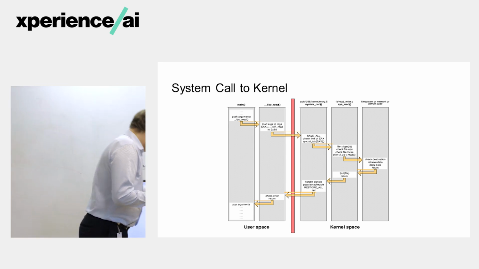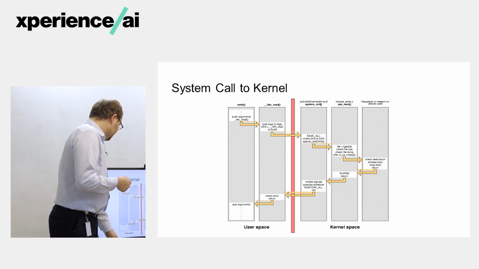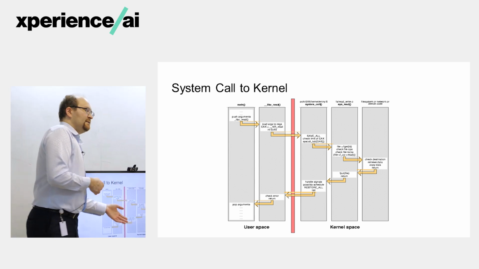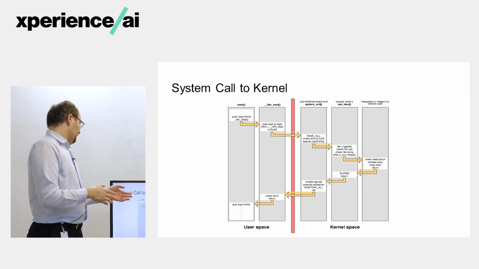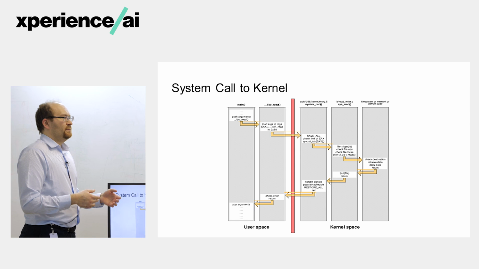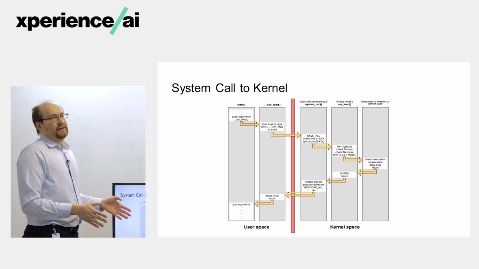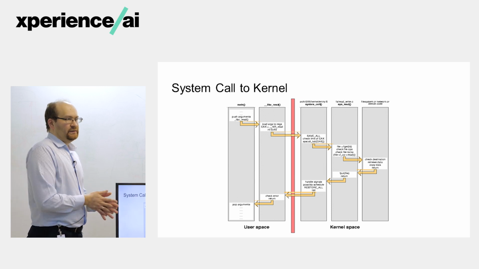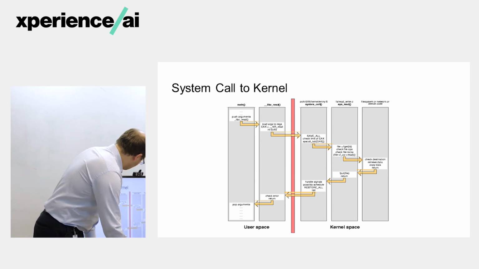Again, this red line is a border between user space and kernel space. Modern Intel processors contain special instructions like enter and leave to switch between modes. It's not just interruption, but the overall idea is the same for ARM, for MIPS, for Power, all architectures. It's implemented in the common way everywhere.